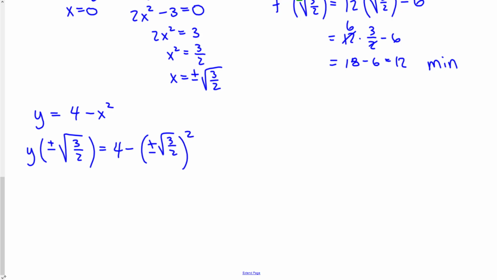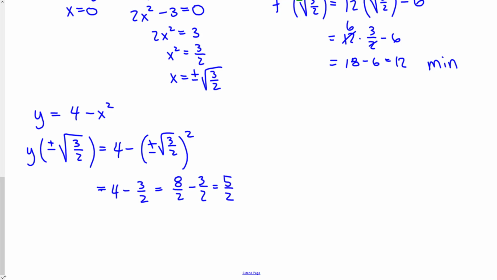And I'm plugging in the positive and negative because when I square things, the positive and negative disappear. So just save me working out the problem twice. 4 minus 3 halves, which would be, let's see, 8 halves minus 3 halves, or 5 halves.